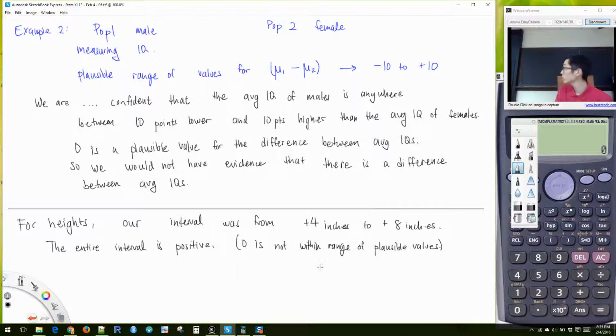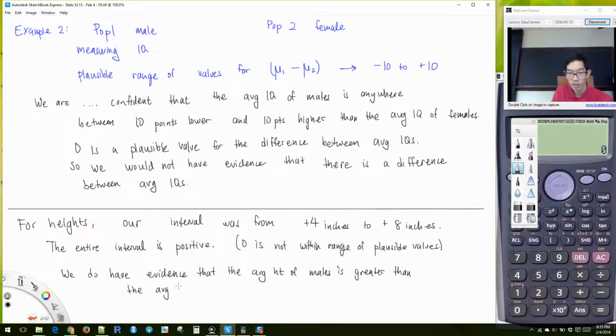So in this case, we do have evidence that the average height of males is greater than the average height of females.